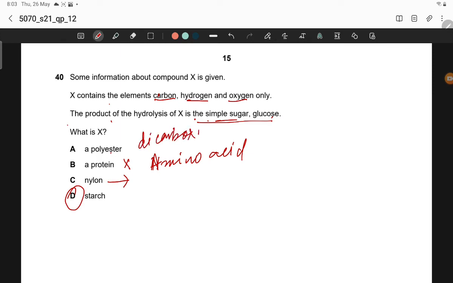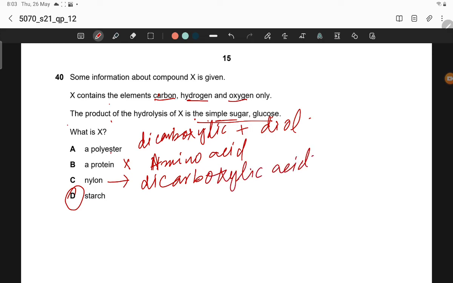Dicarboxylic acid and diol. And nylon is dicarboxylic acid plus diamine. So starch has glucose.